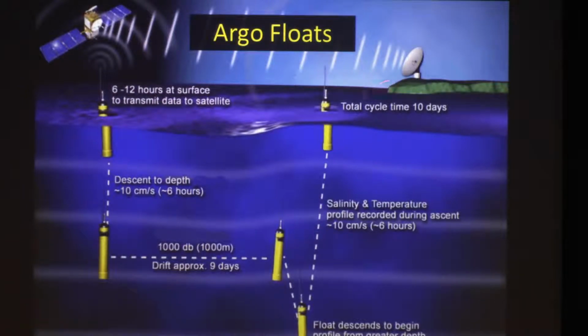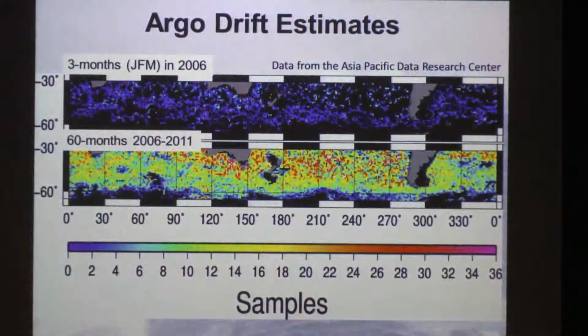And if you actually look at the amount of observations that are available to study this velocity at depth, you actually do not have a whole lot over a 5-year period. So this is the amount of observations within a 3-month period in 2006, and you can see at the most you may have 3 velocity measurements over that 3-month period.